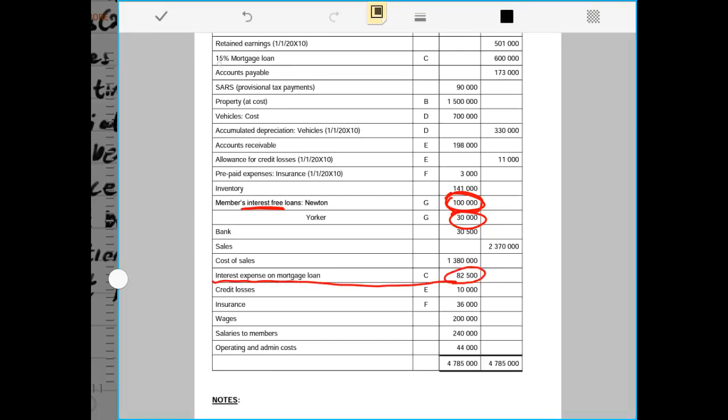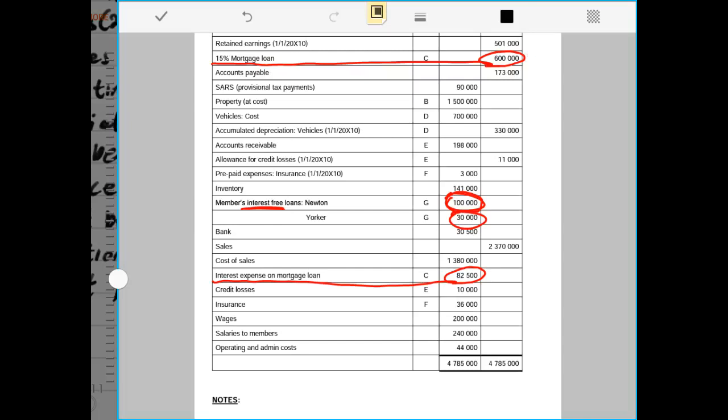82,500. Remember, there was a loan that was borrowed by the business amounting to 600,000 rands, and the loan bears interest at 15% per annum. So now it means if we say 600,000 rands times 15%, that will give us the interest that is supposed to be paid by the end of the year.